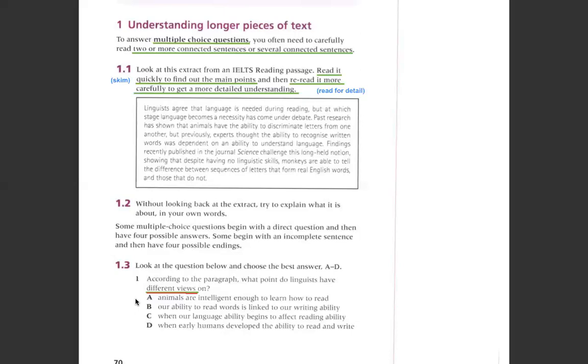I'd like you to type the answer in the chat box, A, B, C, or D. Take a guess if you're not sure. Remember, it's better to just write down something.